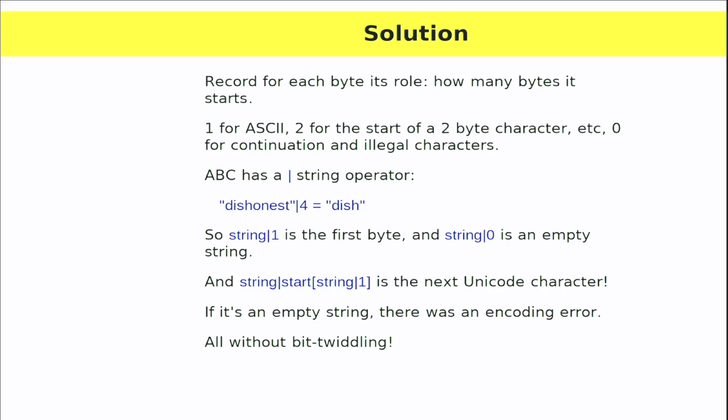I take the first character, string of length 1, and I use that as the index of my array start, and so that tells me the length, and so string of length of that is the next Unicode character. And if it's an empty string, there was an encoding error in the input.